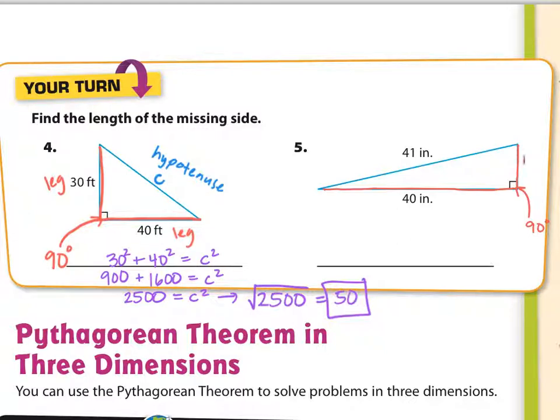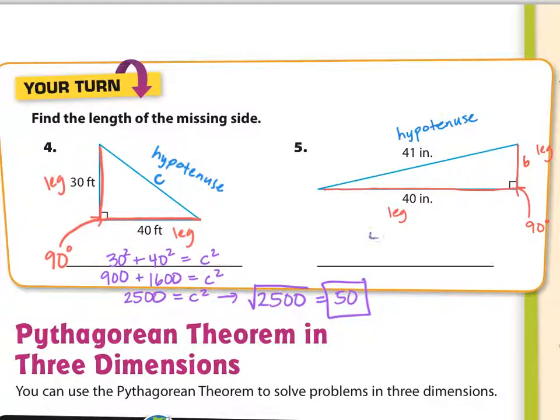I'm going to call that side B. That's one of our legs, and 40 is our other leg. That makes 41 the hypotenuse, our longest side. Please get in the habit of doing that so you don't set up the equation the wrong way, because that's the most common mistake.